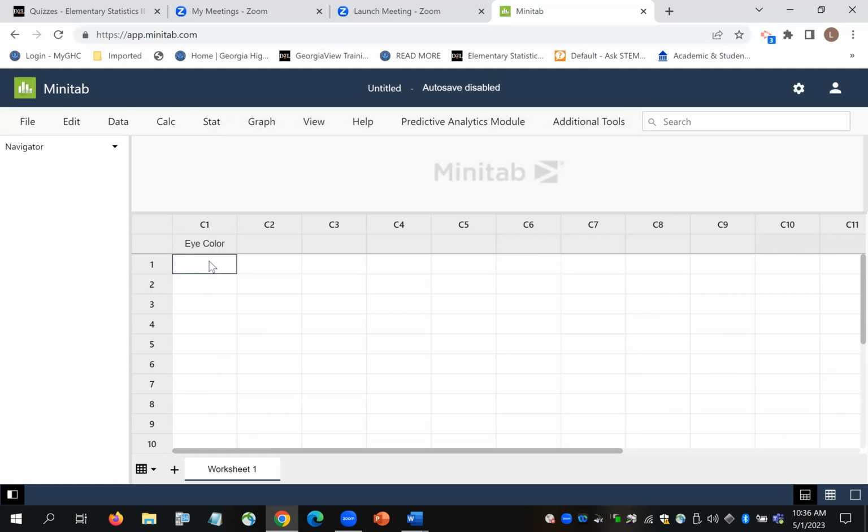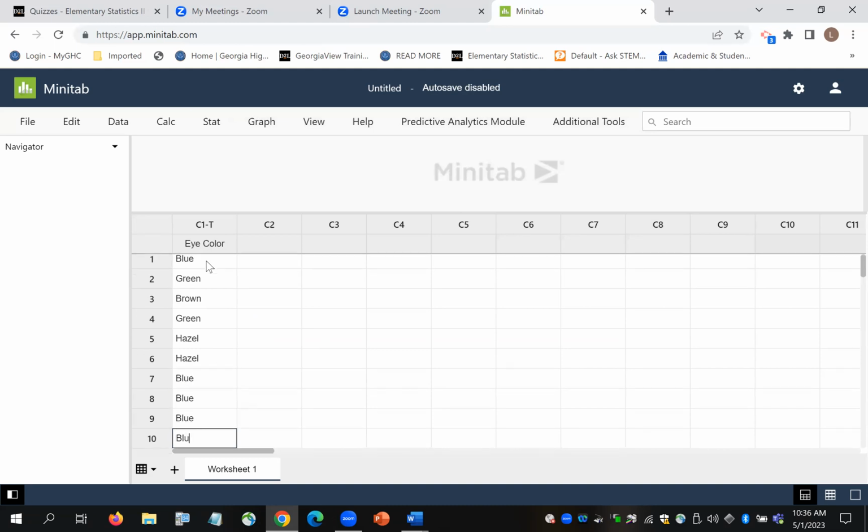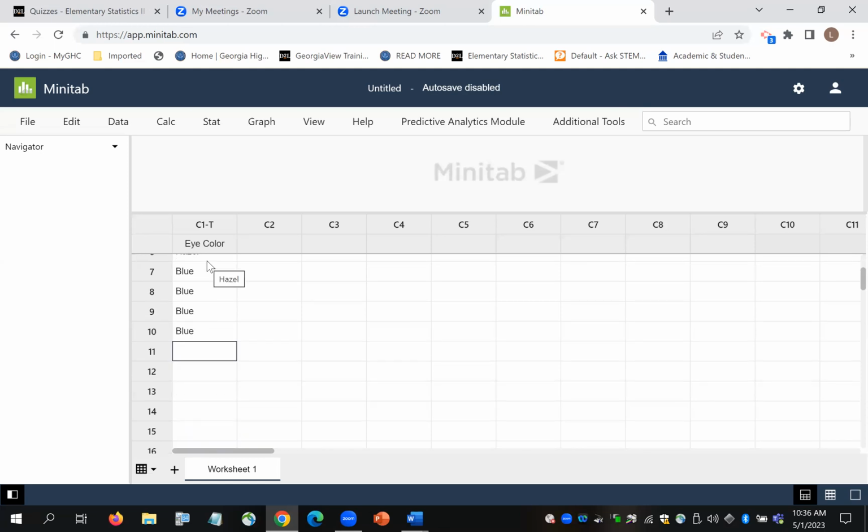Blue, green, brown, green, 2 hazel, 2 through 4 blues, and 3 browns.